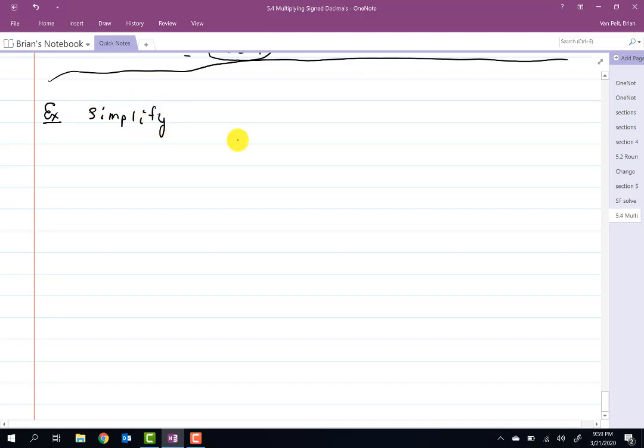Here we have 7 minus 2.1 squared divided by negative 9. I'll tell you the first thing that I can do is the following. 7 plus 2.1 squared over 9.